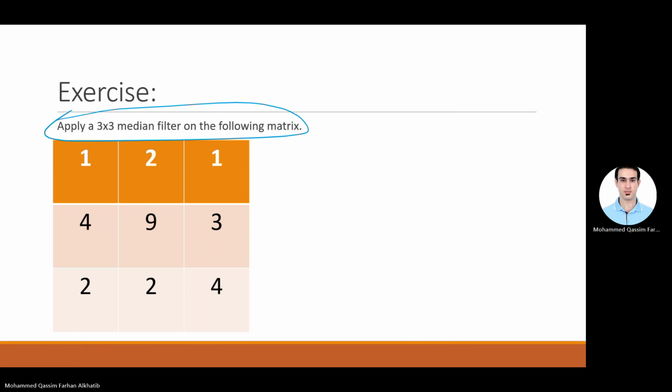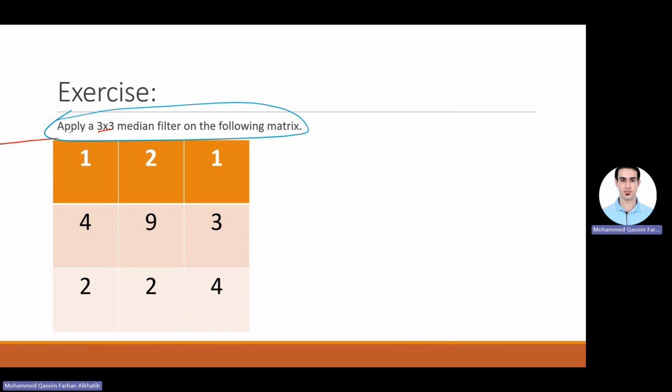Now, this is a small example here, a 3 by 3 matrix, and I asked you to apply a 3 by 3 median filter for this matrix. Again, what is the first step? Zero padding. So how to do the zero padding?